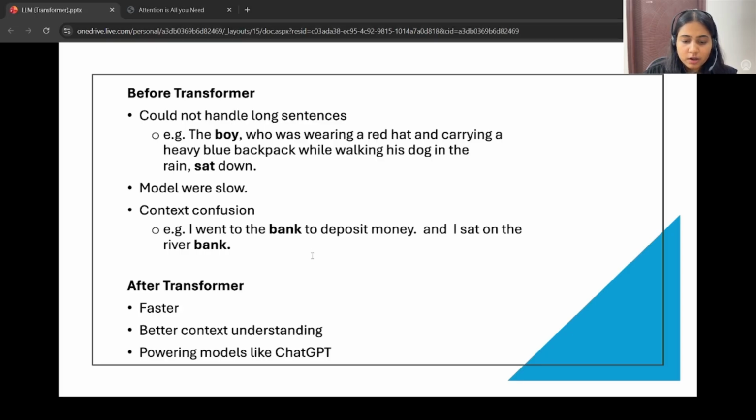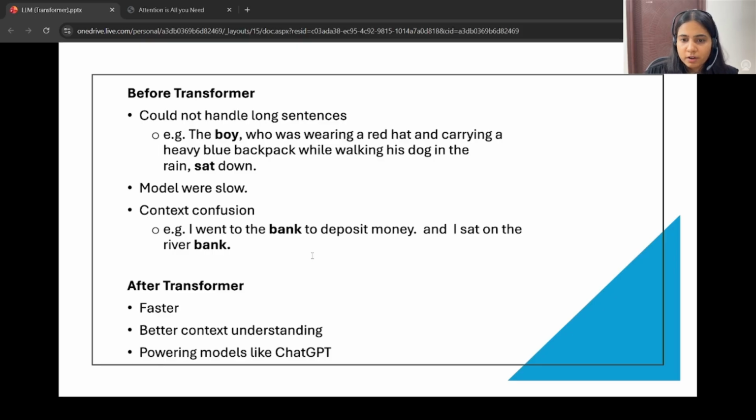Models read word by word from left to right. By the time it reaches the word sat, it often forgot that the subject was the boy. This is called the vanishing gradient problem.